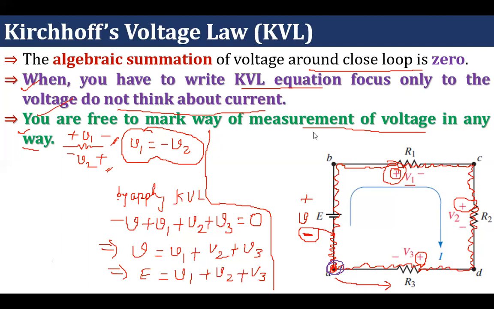Moving anti-clockwise, which symbol do I see first? Of this V3 voltage, minus. So by applying KVL, what can I write? Minus V3.